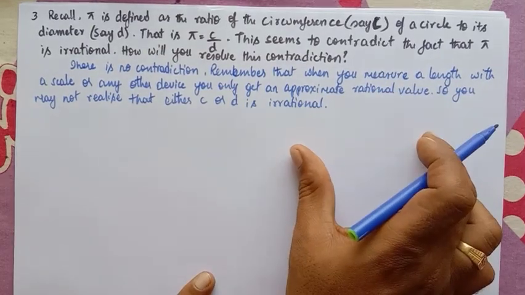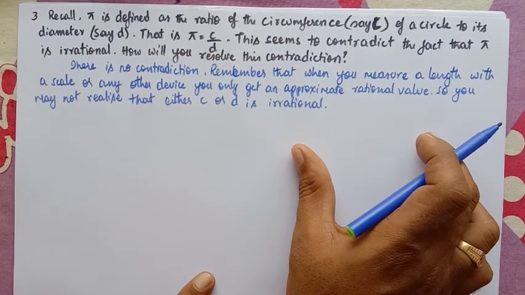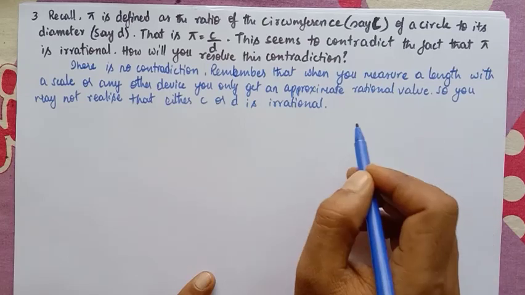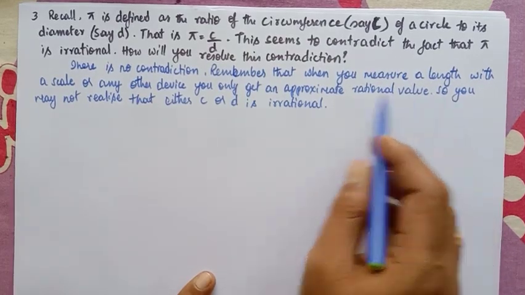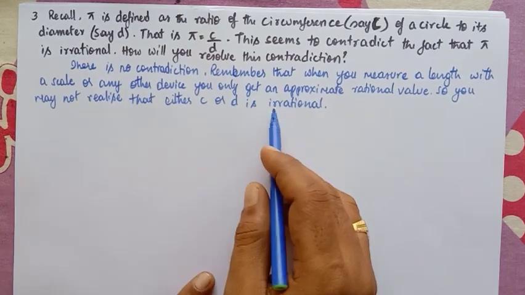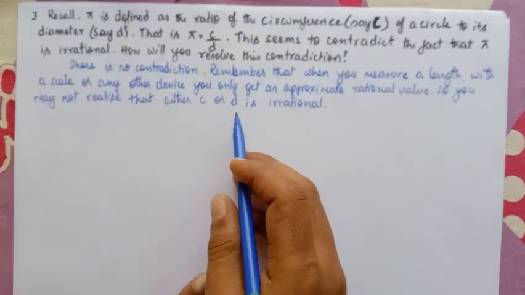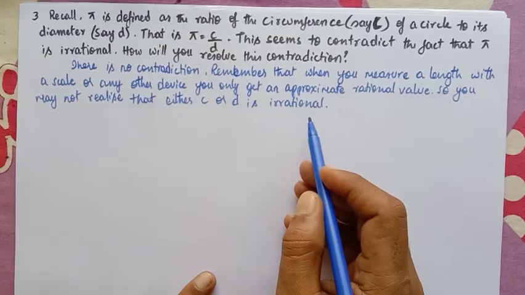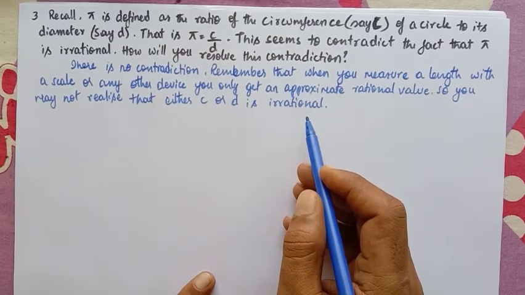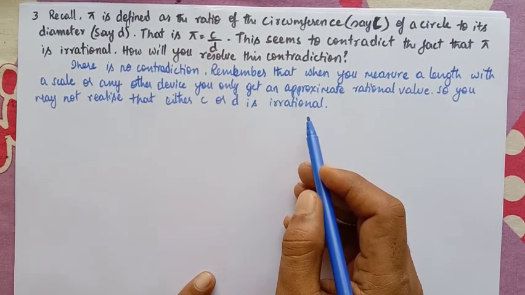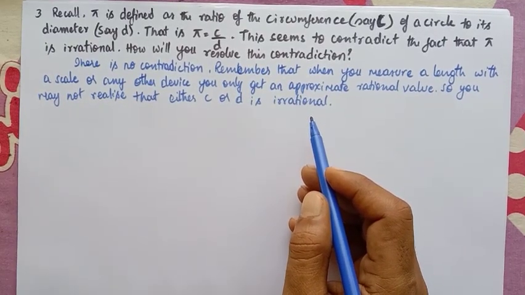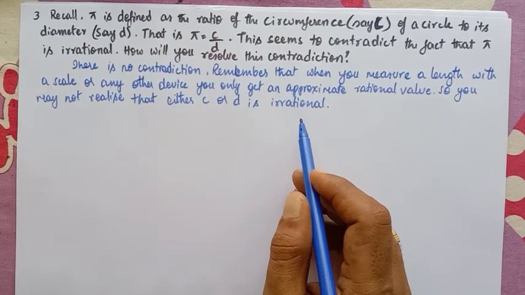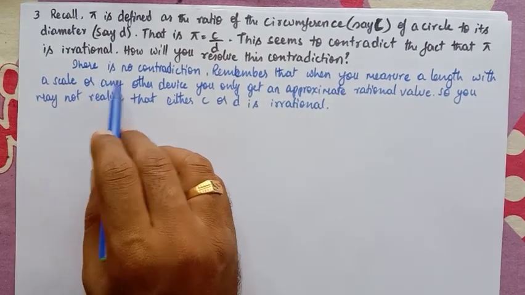We have not given the length of a line as an irrational number. So you may not realize that either C or D is irrational, even though they both are irrational numbers. We have never measured one as an irrational number. So there is no contradiction.